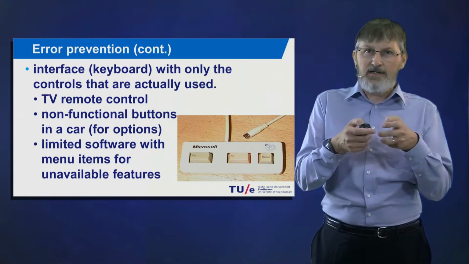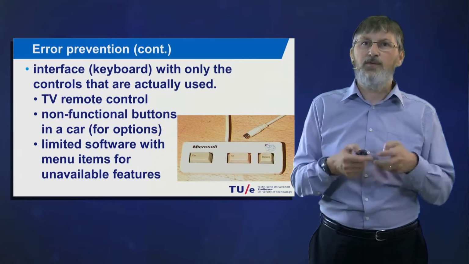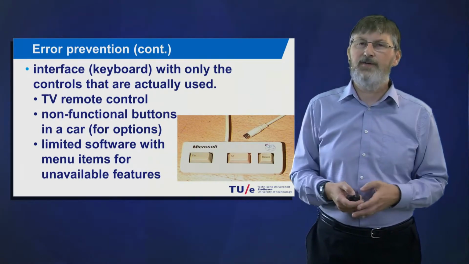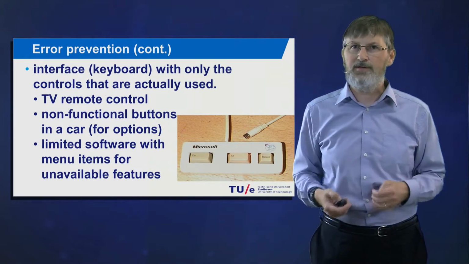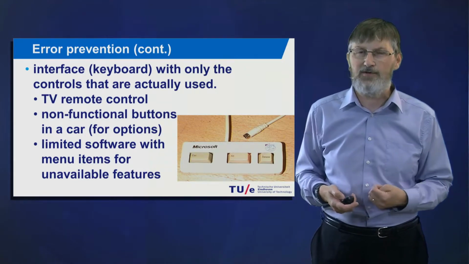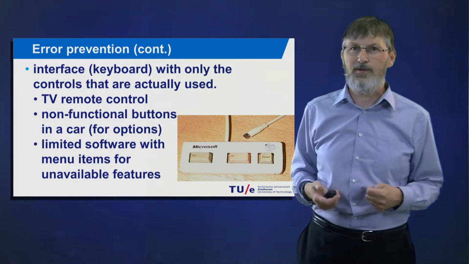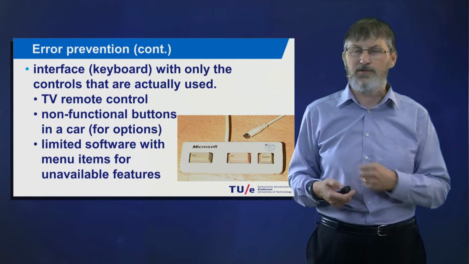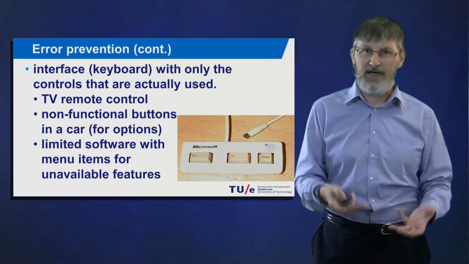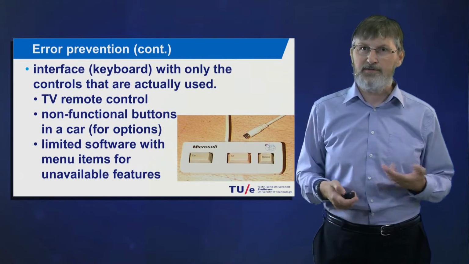So they're stimulating errors rather than preventing them, hoping that when you activate that function because it is what you want, and you do that by mistake in the sense that you didn't buy that functionality, you will then upgrade to the more expensive version. Whereas in fact, you will be frustrated and you will decide to buy a competitor's product instead.